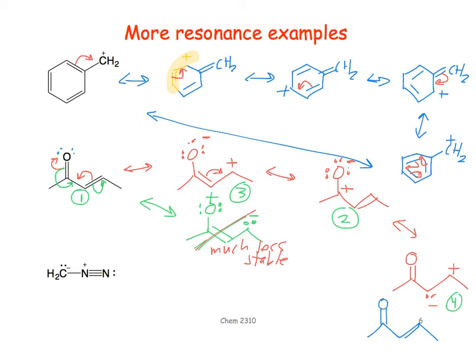So the oxygen we know is going to have a delta minus. Carbon next to it, the carbonyl carbon, is delta plus, right? We know in that bond it's going to be polar, so it's going to spread the charge. The next one is delta minus. The next one is delta plus, right? So the plus and the minuses are kind of alternating as we go down this system right here.